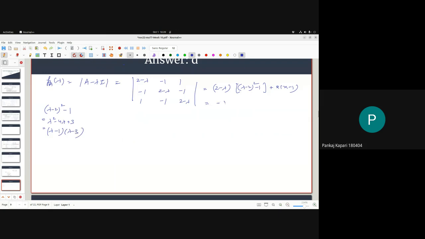So here we can write minus of lambda minus 2 into lambda minus 1, lambda minus 3, and 2 times lambda minus 1. Now we can take lambda minus 1 common. In the bracket we have lambda minus 2 into lambda minus 3 and minus 2.